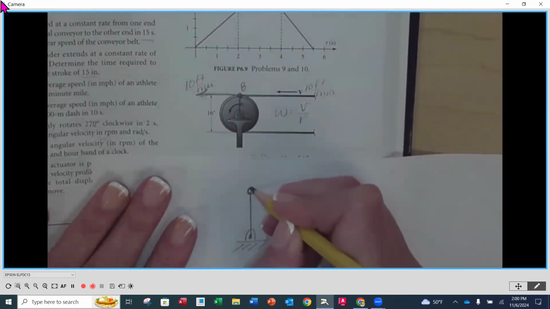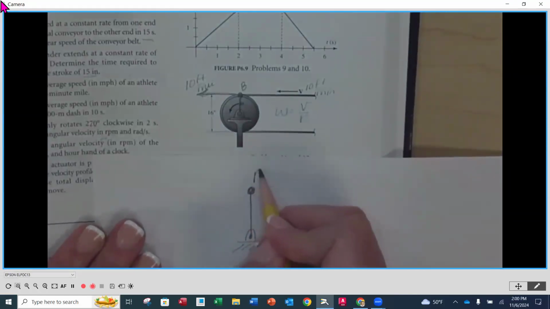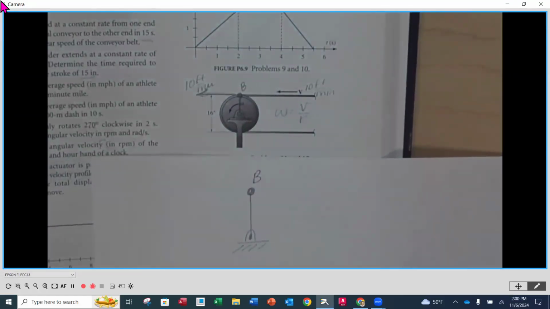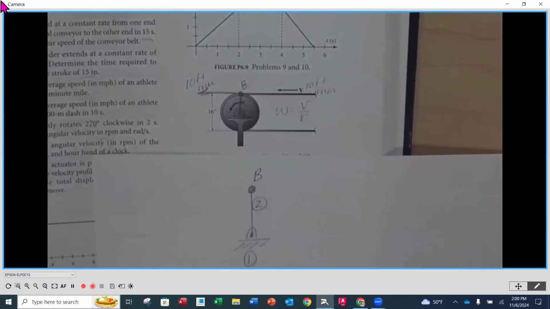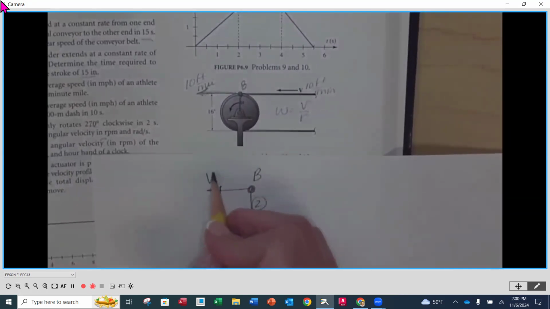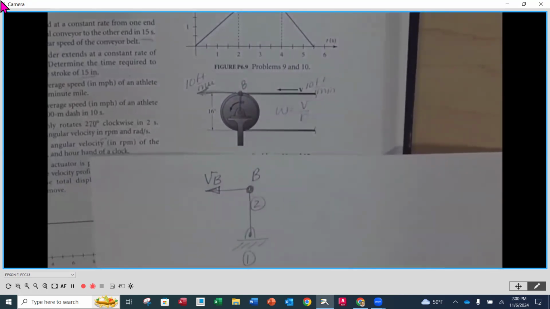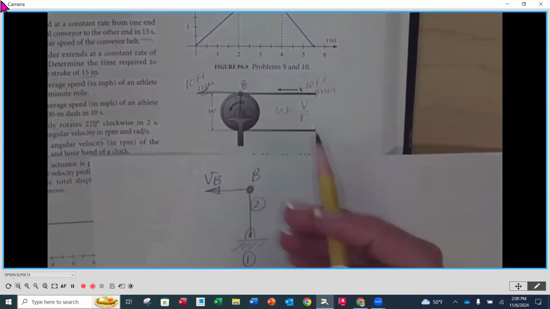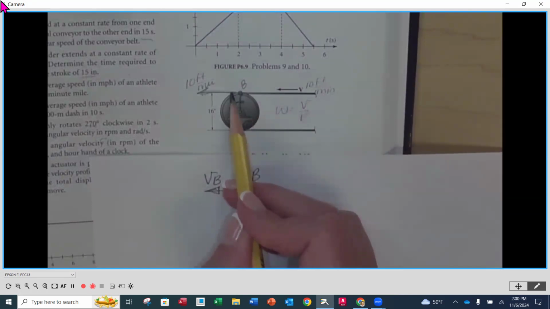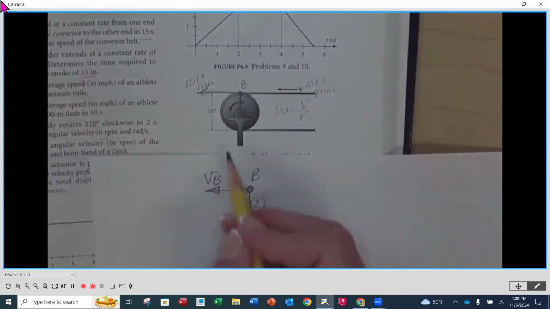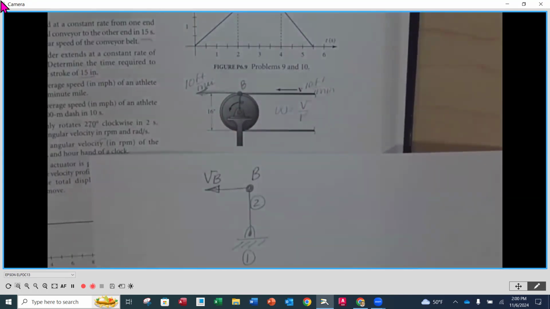This is the radius to point B. Okay, so you could call this link number 2, link number 1. We know that the velocity of B, that is going to be the top of the roller, which is also where the belt is. We know that velocity to be 10 feet per minute.